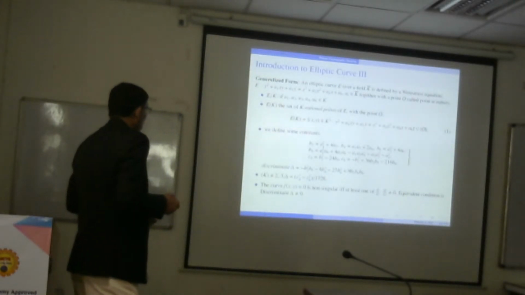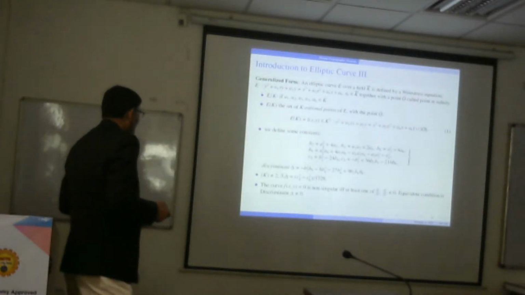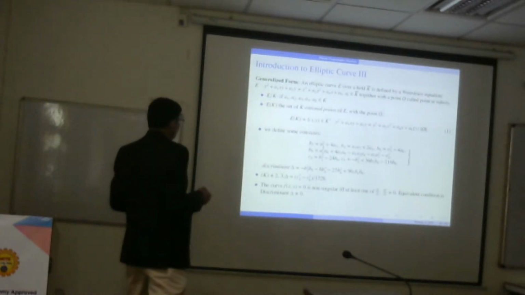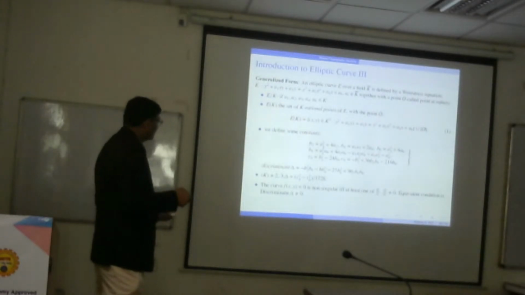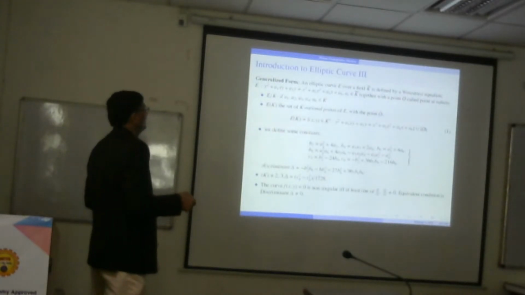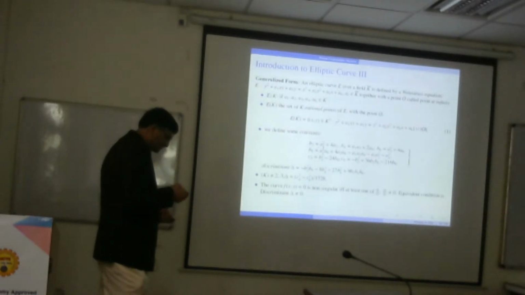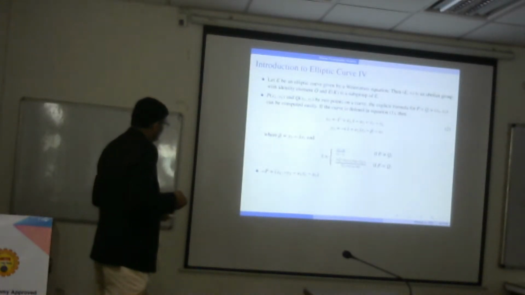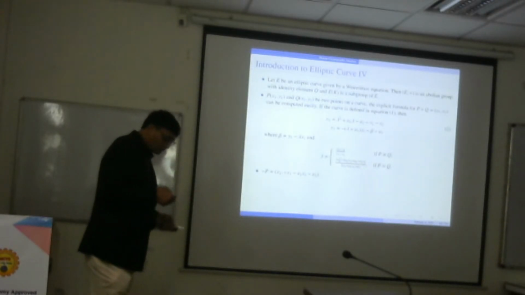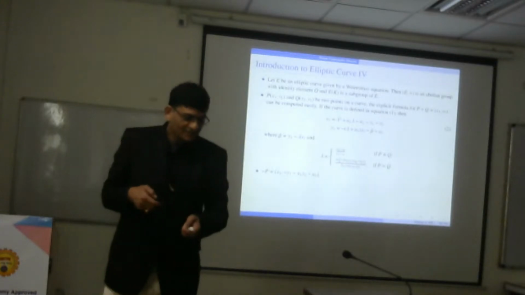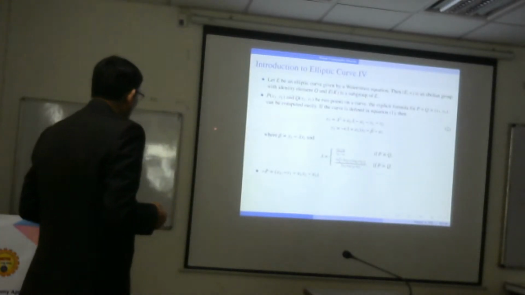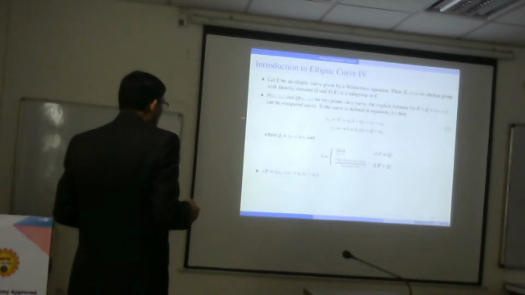We have to take a non-singular curve, and there is a property for when the curve will be non-singular, and what kind of field we should use. The set of points on an elliptic curve over a finite field forms a group with respect to point addition.